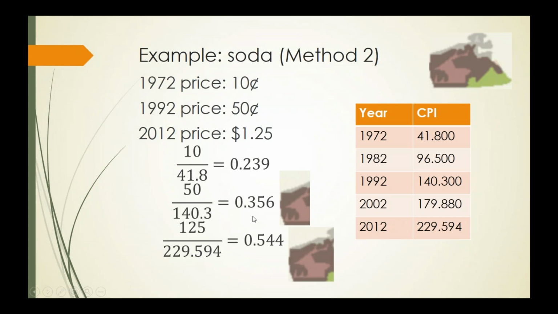For the 1992, we got more like a third of a unit, and for the 1972, it was only worth about a quarter of a unit of stuff. So we can see how much stuff each of these bottles of pop was equivalent to in those years. And that tells you, again, that you're spending more, you're giving up more other stuff to buy that bottle of pop in 2012 than in the other years.